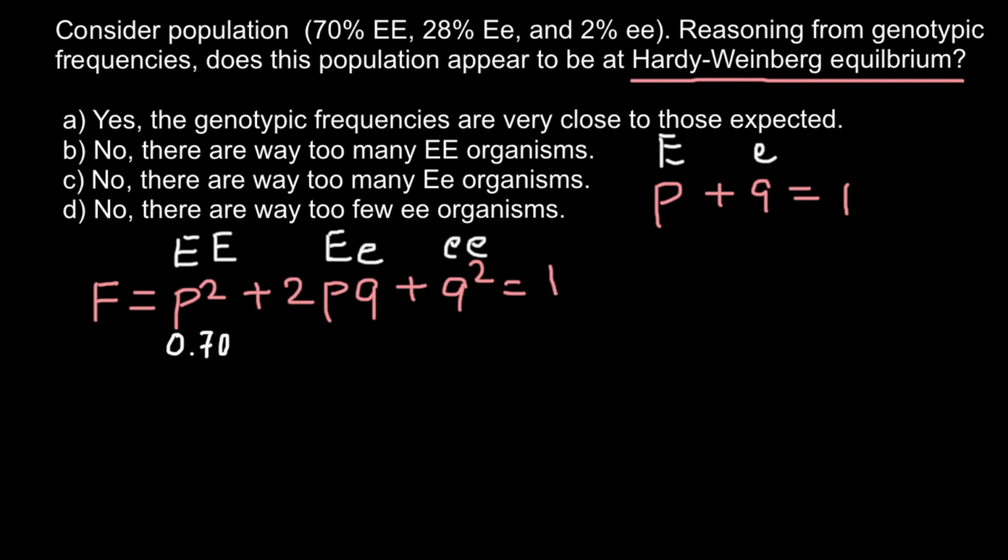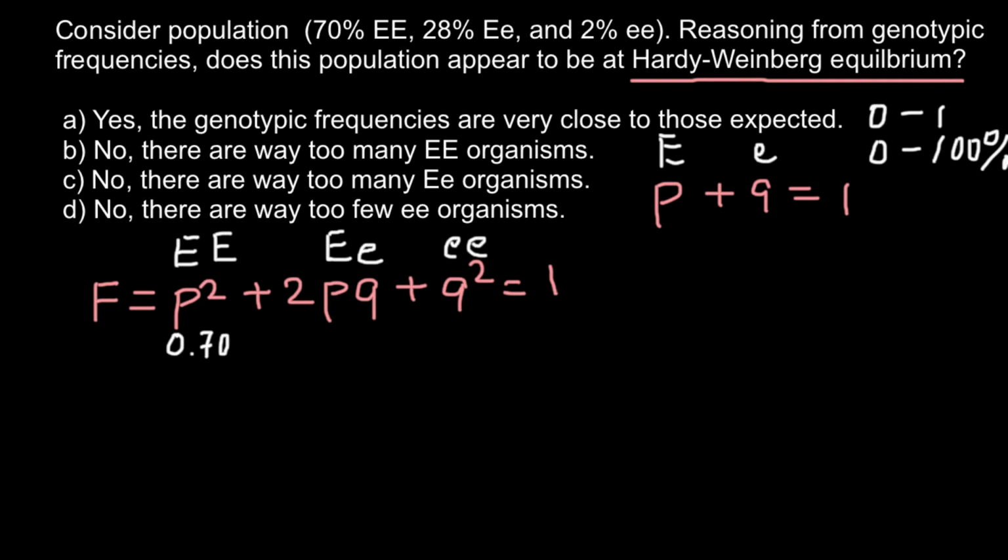We just have to remember that on the scale between 0 and 1, 100% equals 1. So if we have, for example, 70%, that means 0.7.